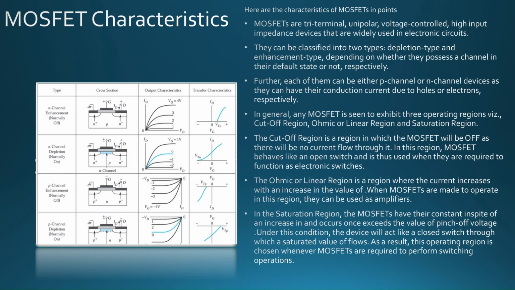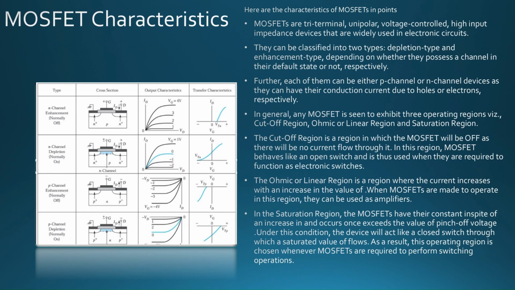Further, each of them can be either p-channel or n-channel devices as they can have their conduction current due to holes or electrons, respectively. In general, any MOSFET is seen to exhibit three operating regions, viz. cutoff region, ohmic or linear region, and saturation region.